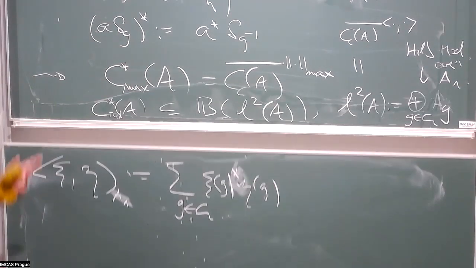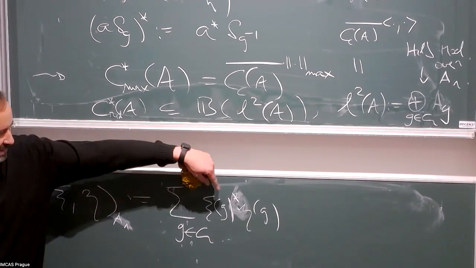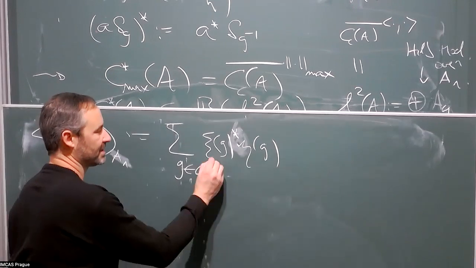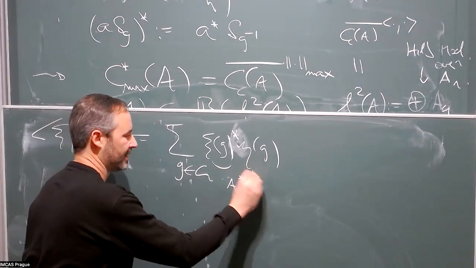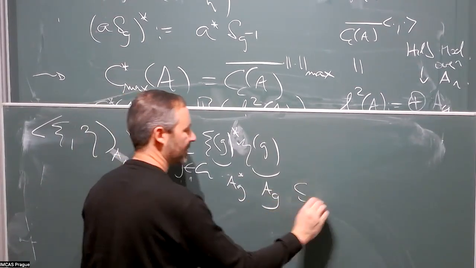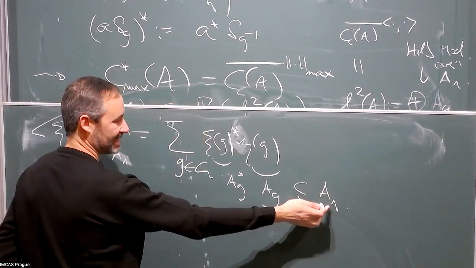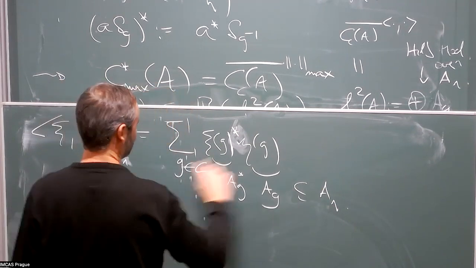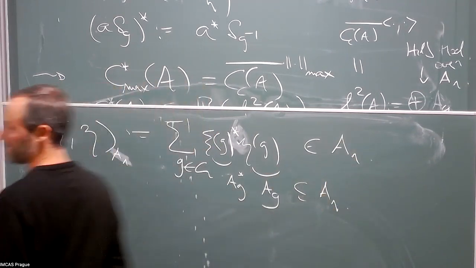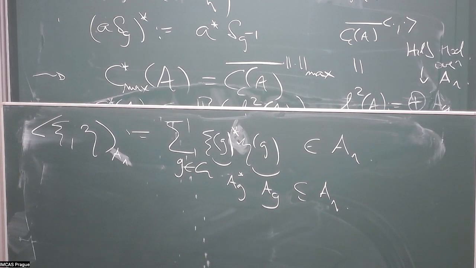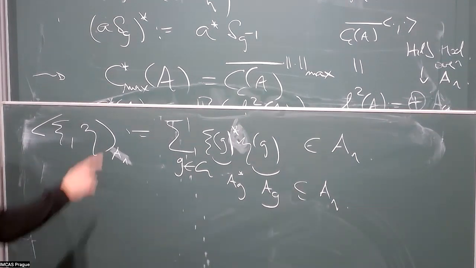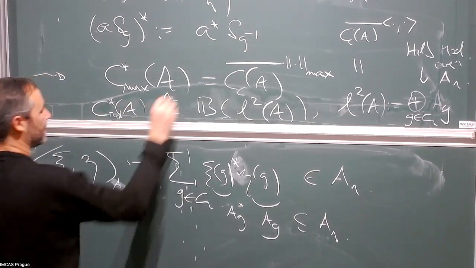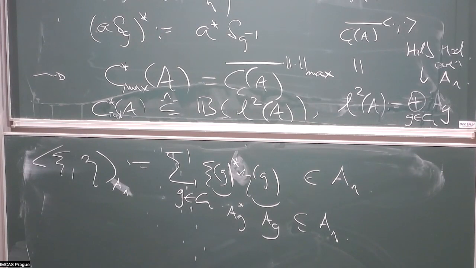So you look at finitely supported functions or sections, and then you do this here, you see from this condition, this is in AG star, this is in AG, so this will belong to A1. So this is in the same subspace, it makes sense to sum. So this belongs to A1, and this defines a nice inner product, and then you can complete this and canonically represent again via what we call the left regular representation of the bundle.